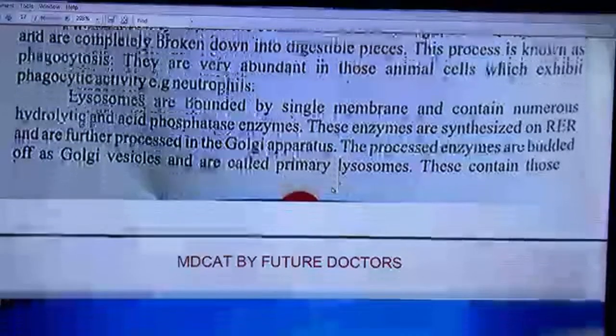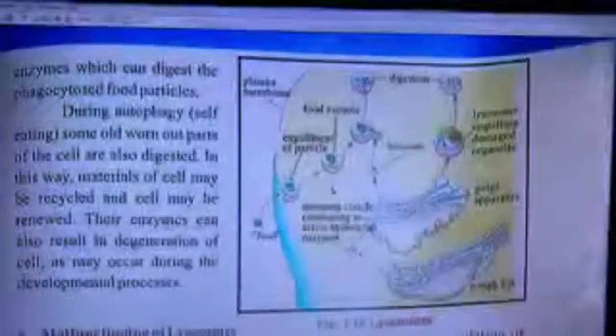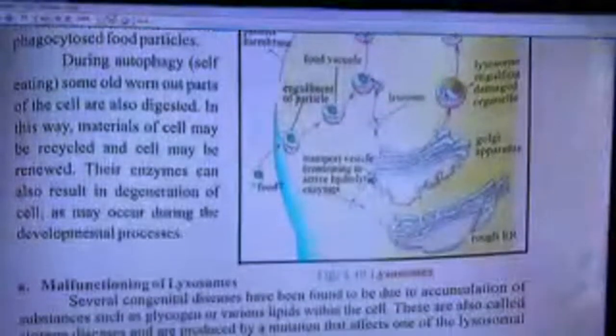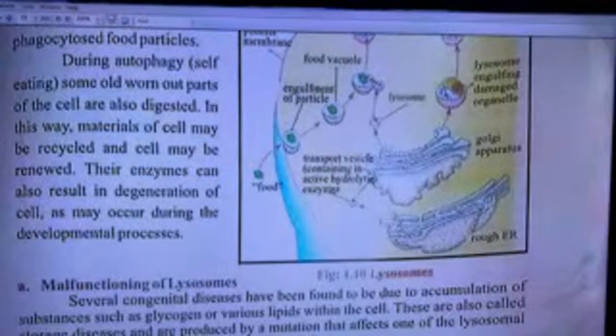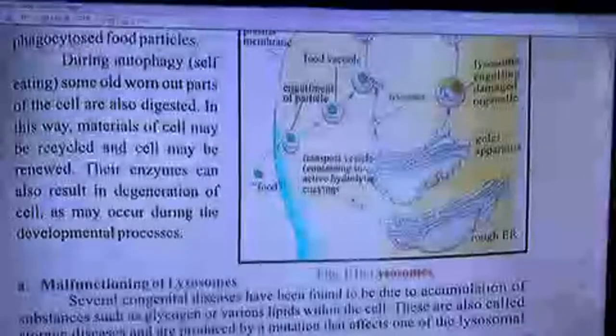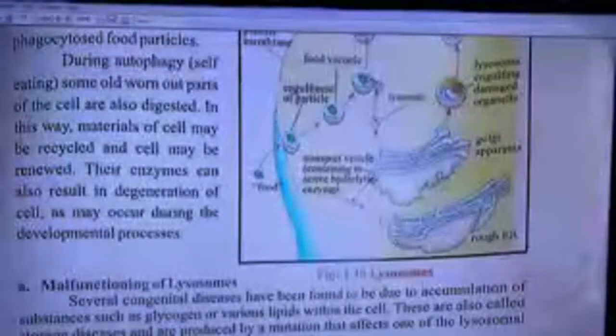These contain enzymes which can digest the phagocytosed food particles during autophagy. Some old, worn-out parts of the cell are also digested, and this way, materials of the cell may be recycled and the cell may be renewed. Their enzymes can also result in degeneration of the cell, as may occur during developmental processes.